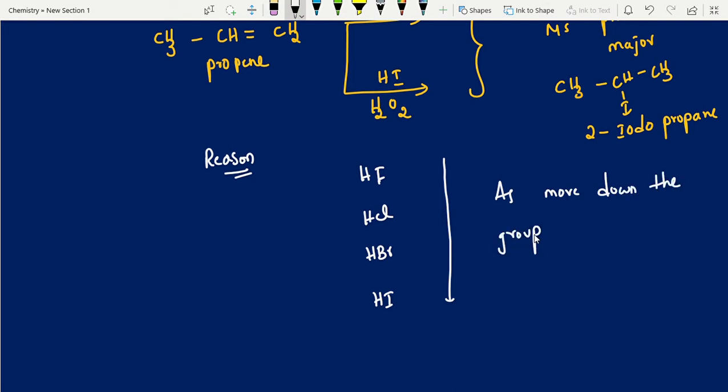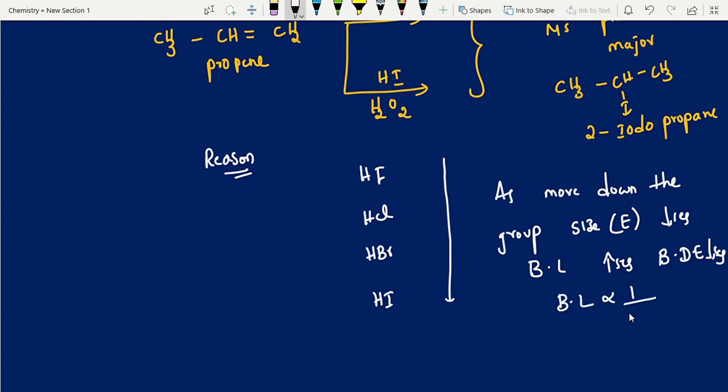Size increases, right? Element size increases. Then what happens? Bond length increases. If bond length increases, what happens to bond dissociation energy? The opposite: it decreases. Bond length is inversely proportional to bond dissociation energy. Why? Because the element size increases, the hydrogen-iodine bond length increases, and we can break the bond easily.